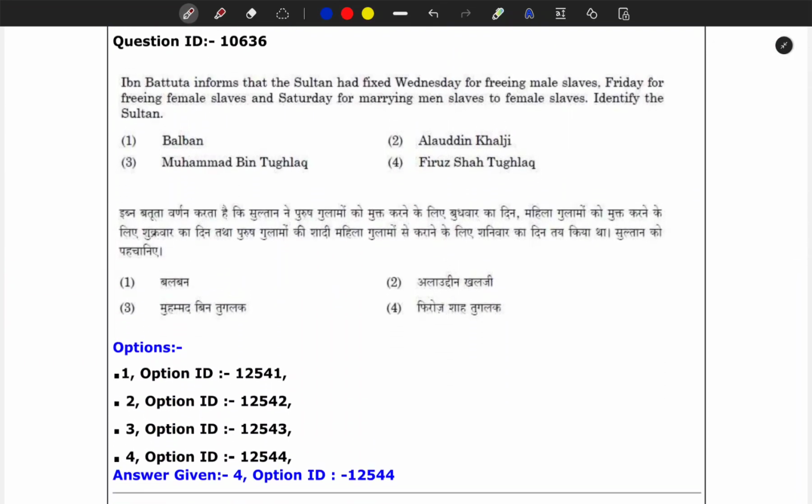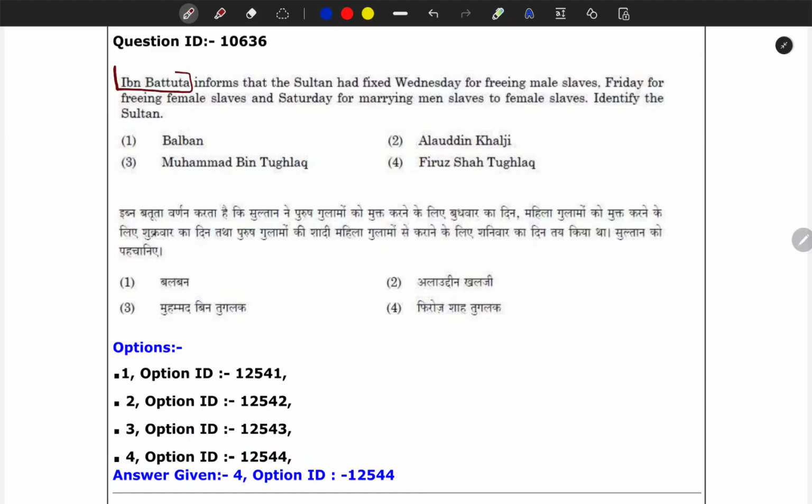Here again you can see the question: Ibn Battuta informs that the Sultan had fixed Wednesday for freeing male slaves, Friday for freeing female slaves, and Saturday for marrying male slaves to female slaves. Identify the Sultan.